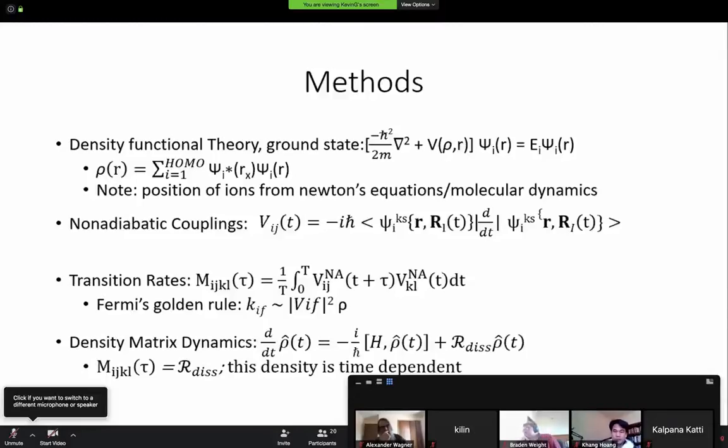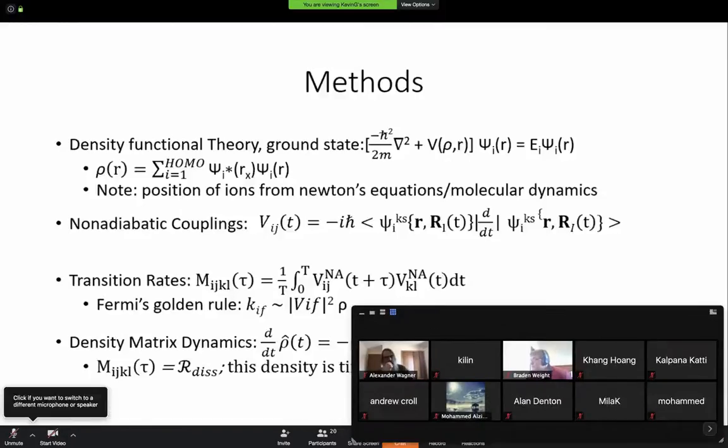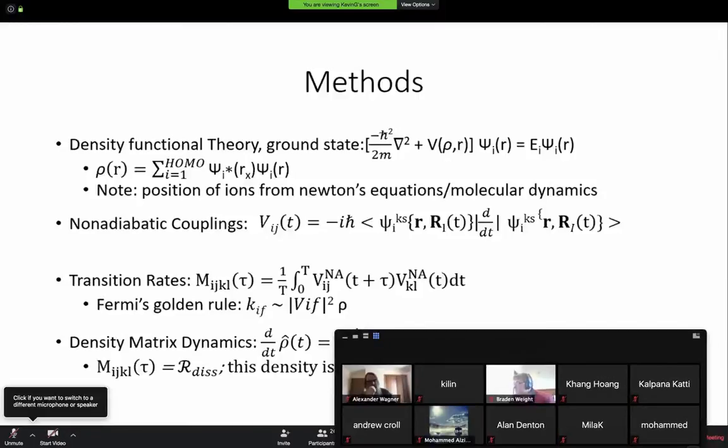So I use density functional theory coupled with my software to find the energy and position expectation values, which I'll talk about more later. And then a quick note, I got the positions of the ions from Newton's equations, classical mechanics, aka molecular dynamics.